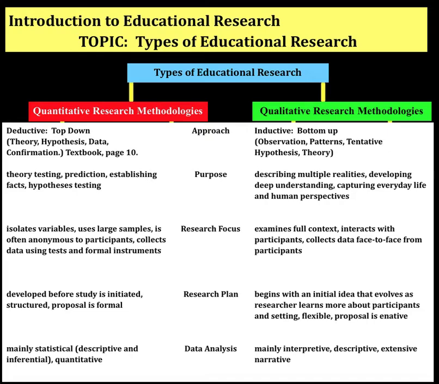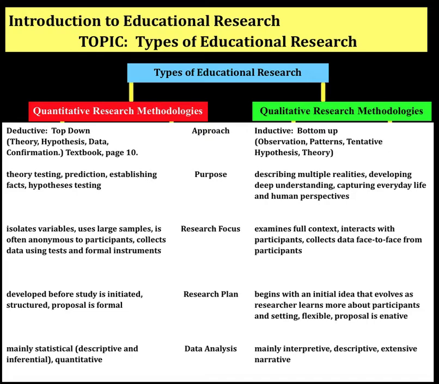Researchers then institute a plan to collect data to examine that hypothesis, and then they either confirm, accept, or reject that hypothesis. So it starts out with the theory, then a hypothesis, collecting data, and then rejecting or confirming that.